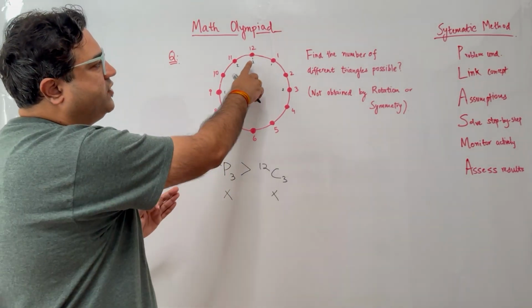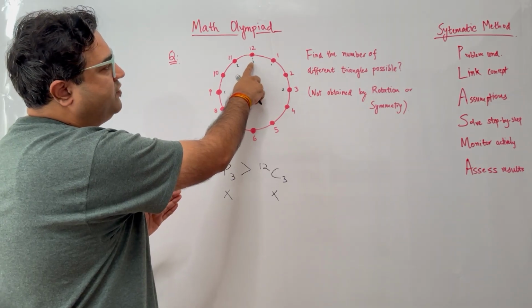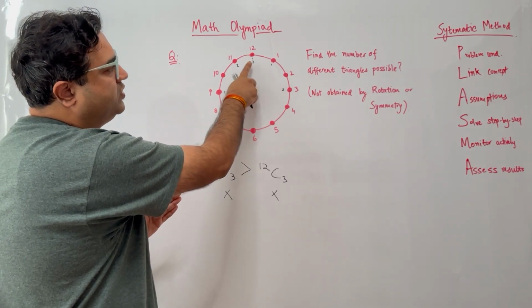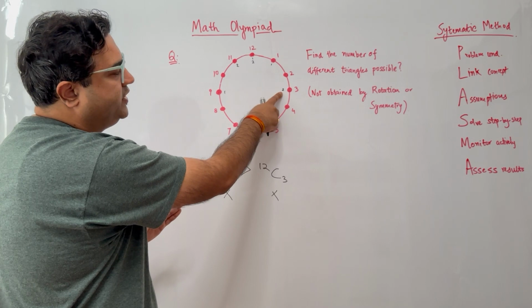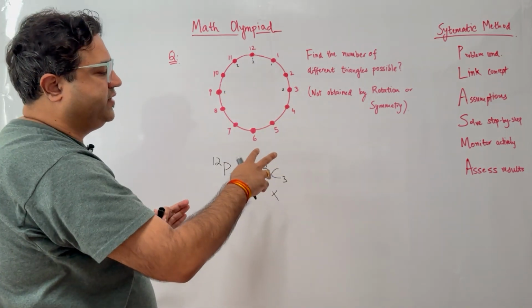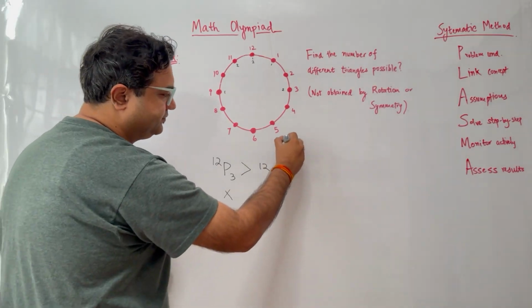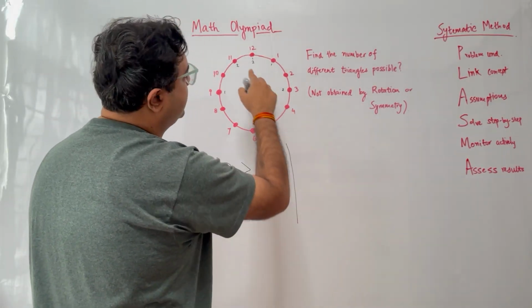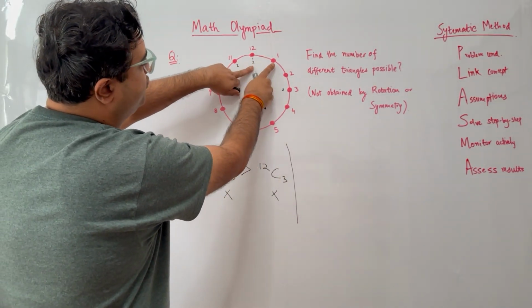If you have, let's say, 12, 1, 2, then you cannot have another 1, 2, 3, or one by symmetry. So let's say there is a triangle 12, 1 and 2.